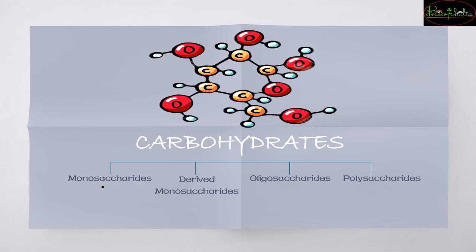Now from monosaccharides, how other kinds of monosaccharides are derived, we will understand that. Again, this will be the smallest unit. Now, oligosaccharides will be a bit longer chain, and a very long chain will be a polysaccharide, right? So let us understand from the basic, the very smallest unit of carbohydrate, that is monosaccharides.